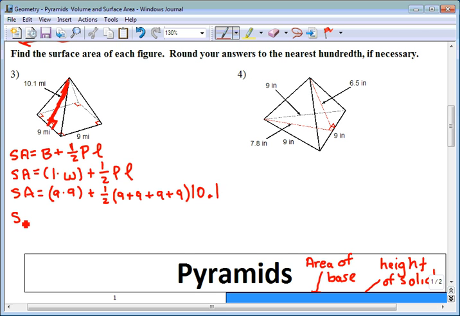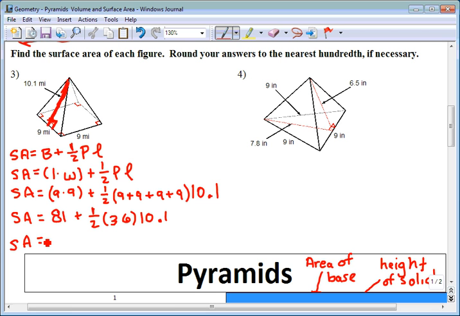So our total surface area here, we're going to plug this in our calculator. We've got 9 times 9 is 81, plus 1/2 times, let's see, 9 plus 9 plus 9 plus 9 is 36, times 10.1. Now be careful, there is a plus sign in here, so you don't just multiply straight across here.